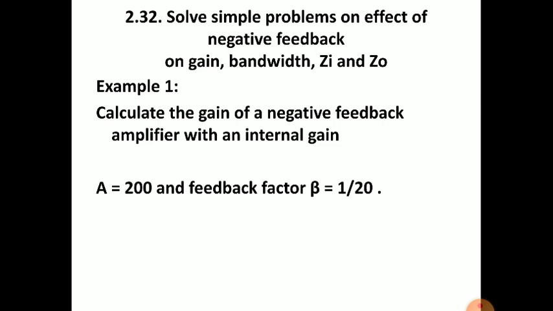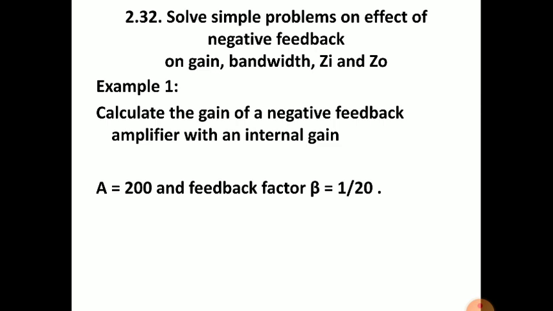Z input, depending on series mixing or shunt mixing, it is Zi by or Zi into. Next, Z output also depends on the sampling. So depending on sampling, it will become Zo into or Zo by.